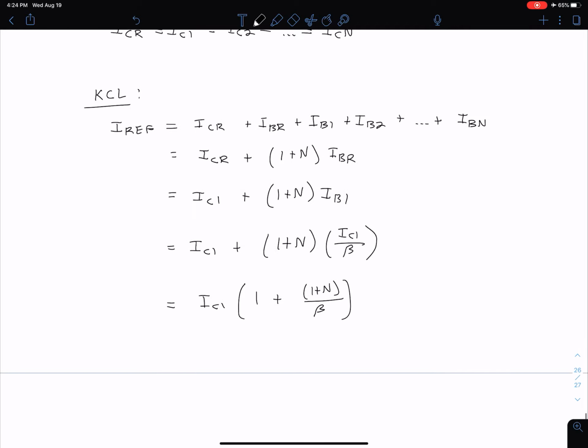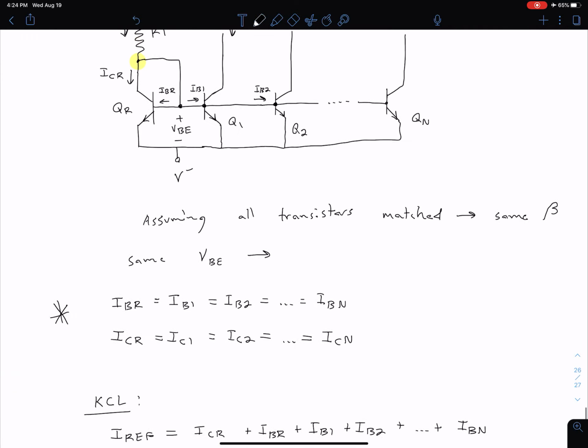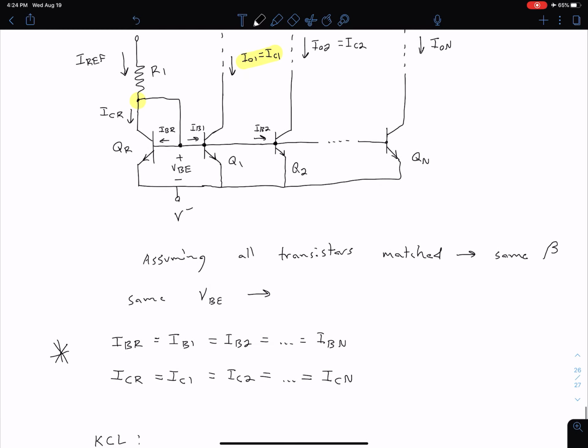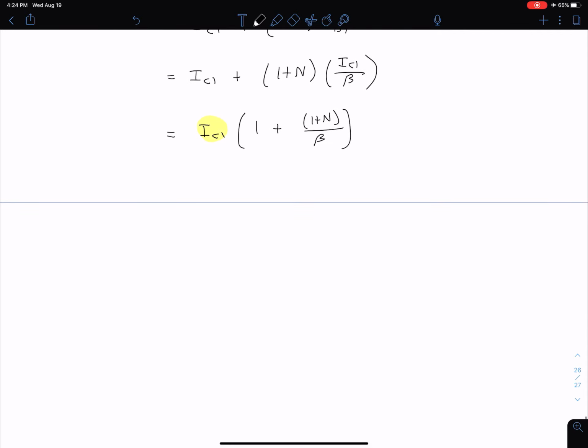So now we can solve for this IC1, which, remember, coming back up here is our output current. And we know that's also equal to all of our other output currents from this line down here because these are matched transistors. So we can say our IC1, which is really also our IOUT1, which, because they're matched transistors with the same VBE, is IOUT2, which is the same as the output on all of those transistors through our nth transistor.